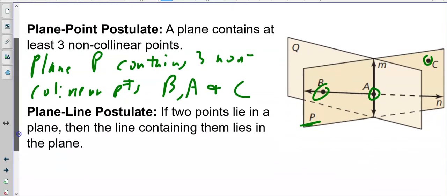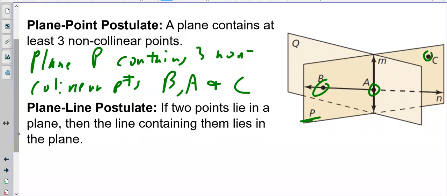And then the plane line postulate, which states if 2 points lie in a plane, then the line containing them lies in the plane. Well, the only line we have is line N. So we would say something like this.